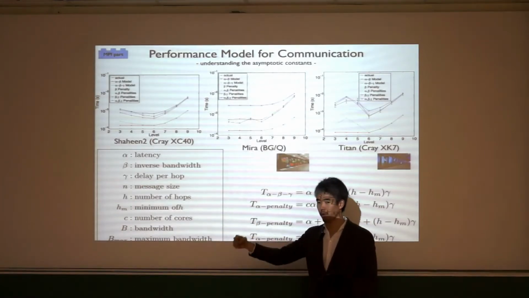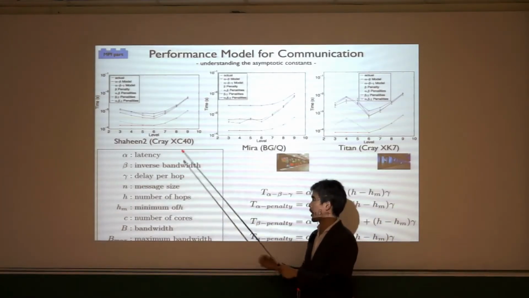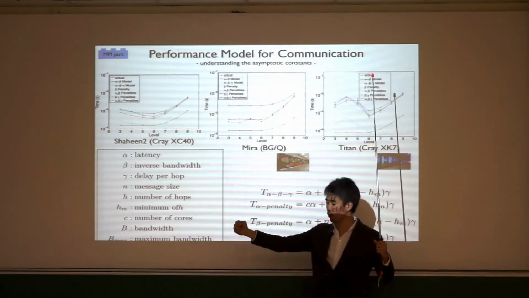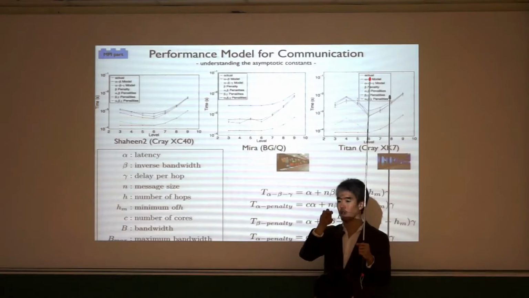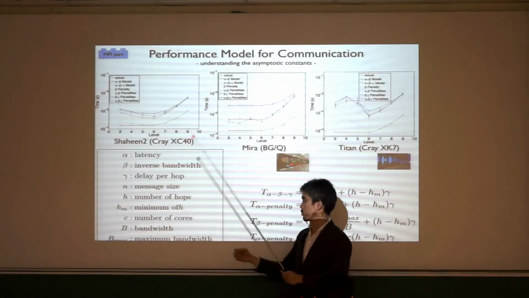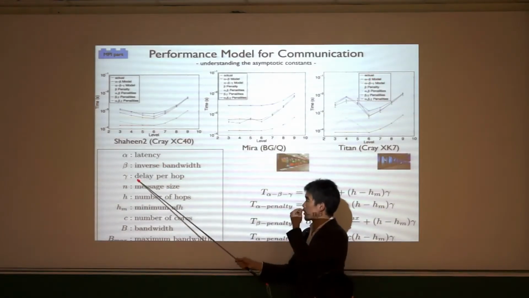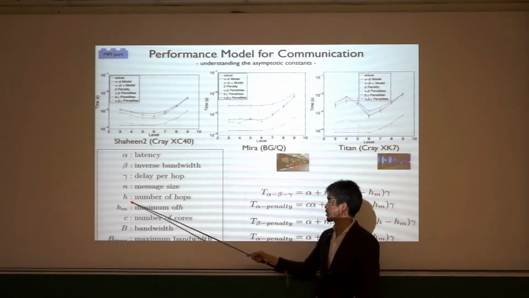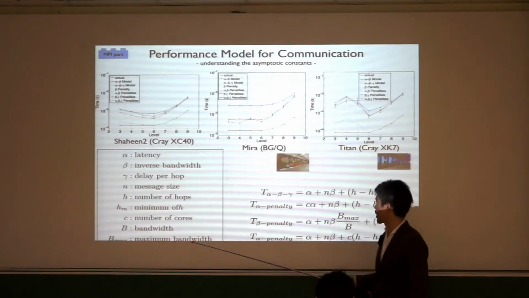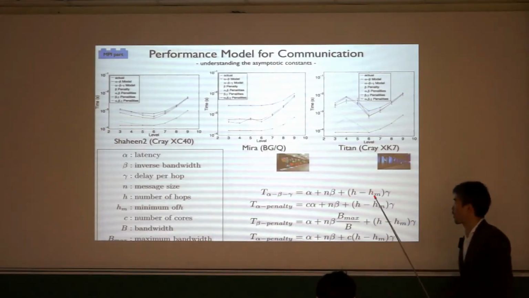In terms of network topology, we can count the distance between the two furthest nodes in number of hops. You need to hop through the network 5 times to reach a far node, so there's a delay per hop that we need to add. Then the message size and number of hops can be added to the equation.